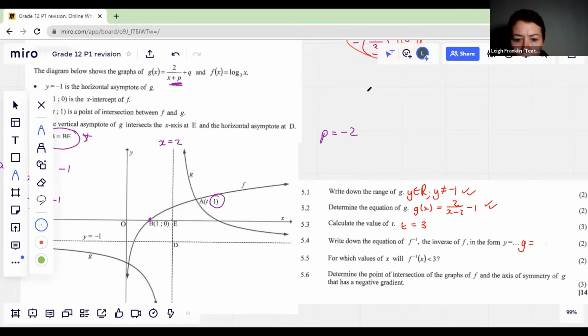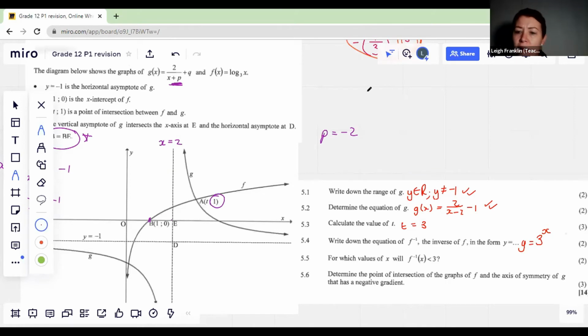Are you on to question 5.5 or 5.6 by now? Okay, so there are the answers up to 5.4. Please help with 5.6.